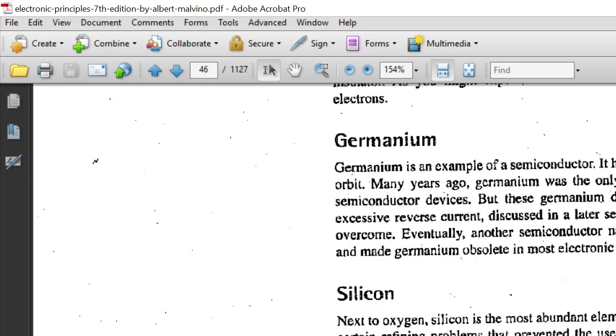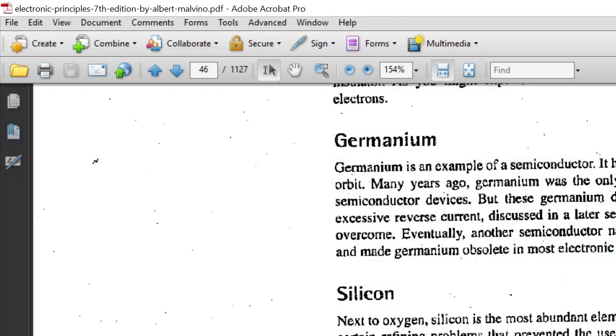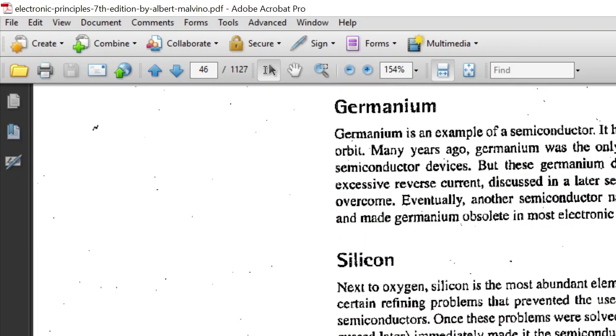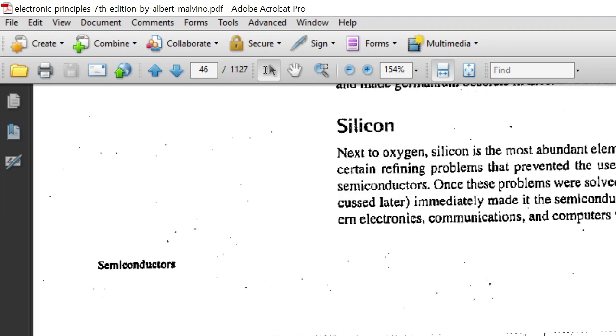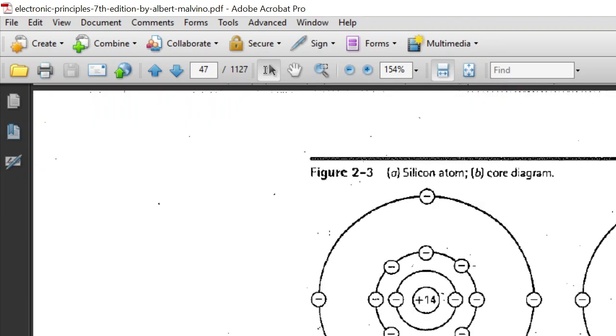So when the refining problems of silicon were solved, silicon became the material of choice for making semiconductor devices. Okay. Now let us look into the atomic structure of a silicon atom.